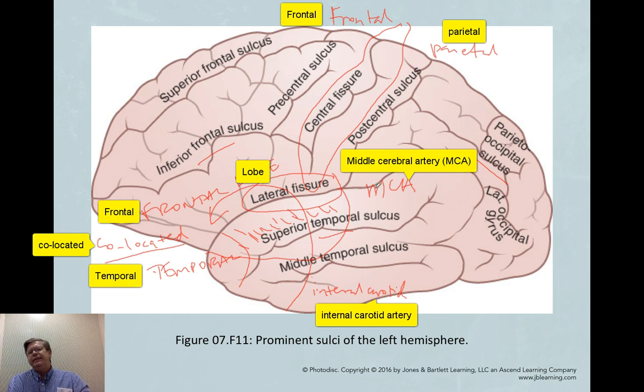So damage to the middle cerebral artery at any point along its journey will inevitably cause impairment not just to the temporal lobe but also to the frontal lobe. The function of both lobes will be affected with a stroke in the middle cerebral artery, even though the frontal and temporal lobes are not connected to one another through the structure of the brain.